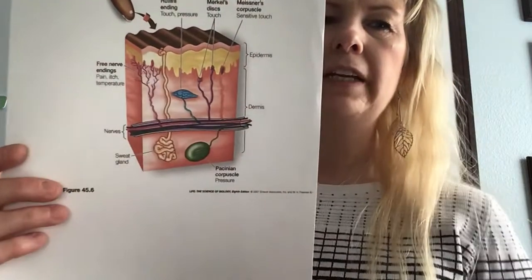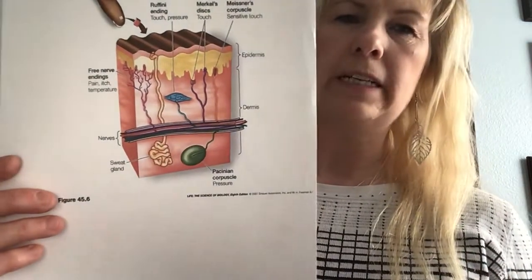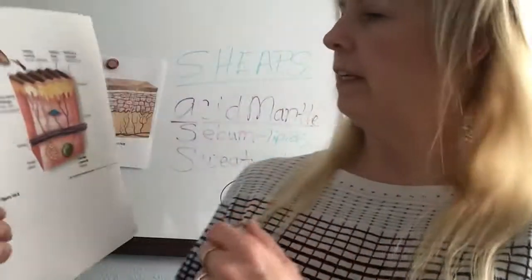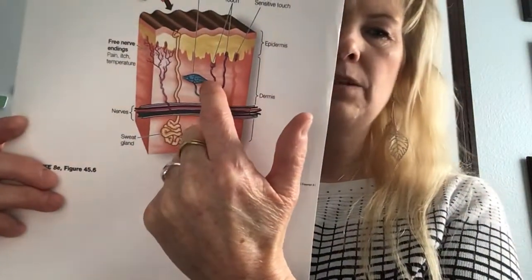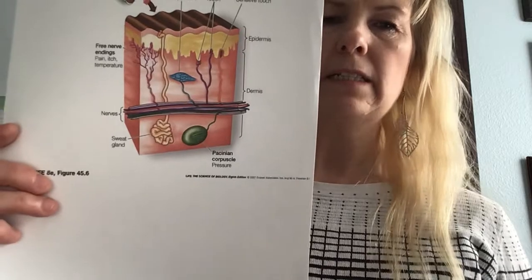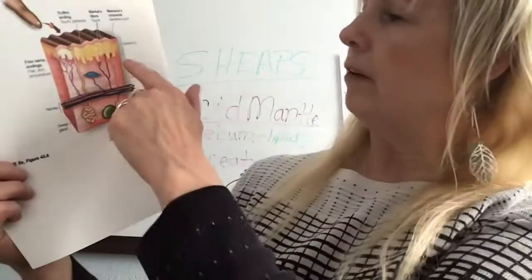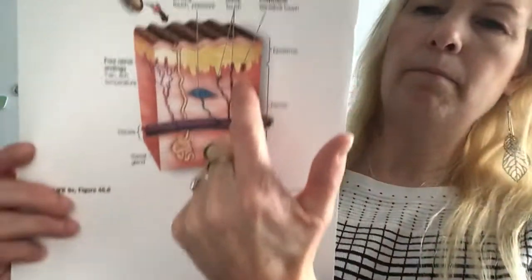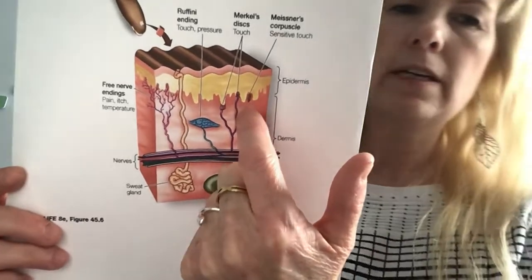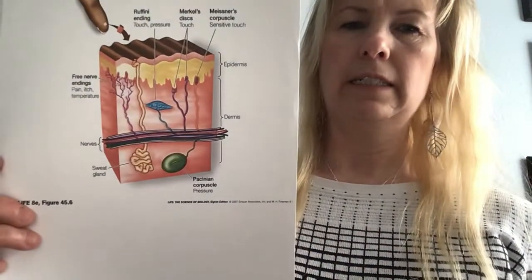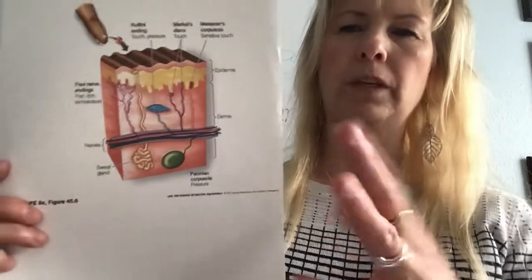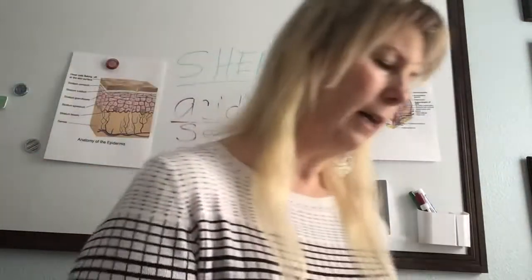The free nerve endings detect pain and temperature. Merkel cells are another sensory one that detects touch. And right up here are the Meissner's corpuscles, which detect sensitive touch, really light touch.